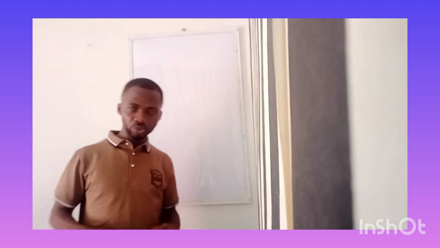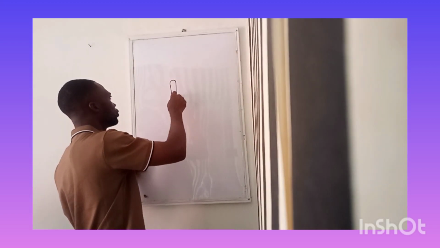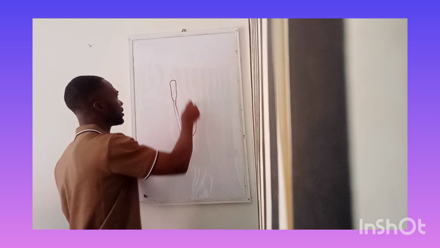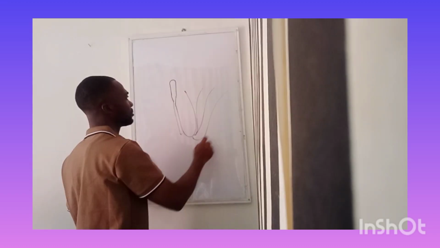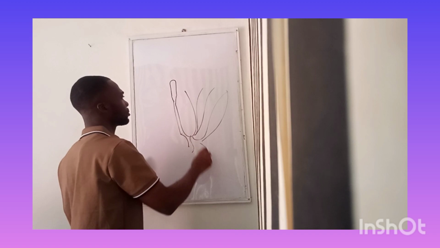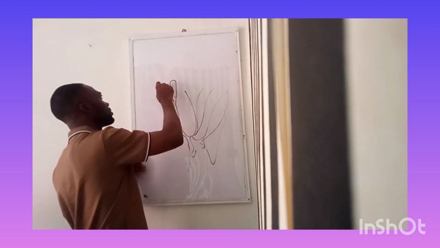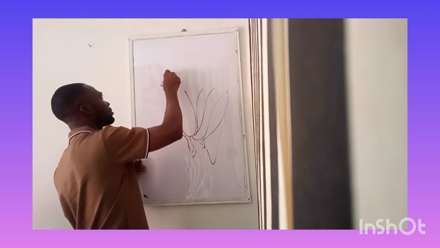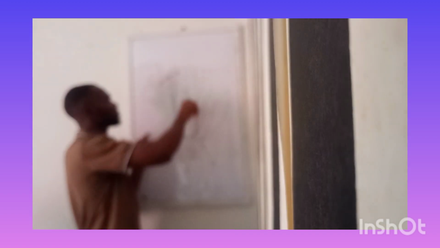So let me repeat again. The shoot of Equisetum is in this form. Half of this is strobilus. This is the unbranched shoot.